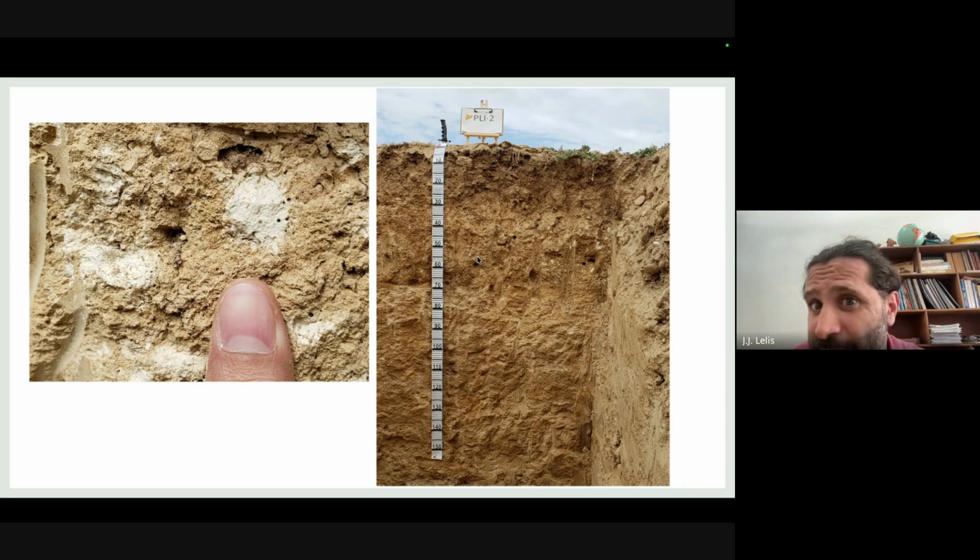But basically, the most common case is, of course, limestone. So the weathering of limestones in dry conditions could favor the formation of secondary calcium carbonate and then the formation of a calcic horizon. I'm always saying maybe or can, because it's not a rigid structure.